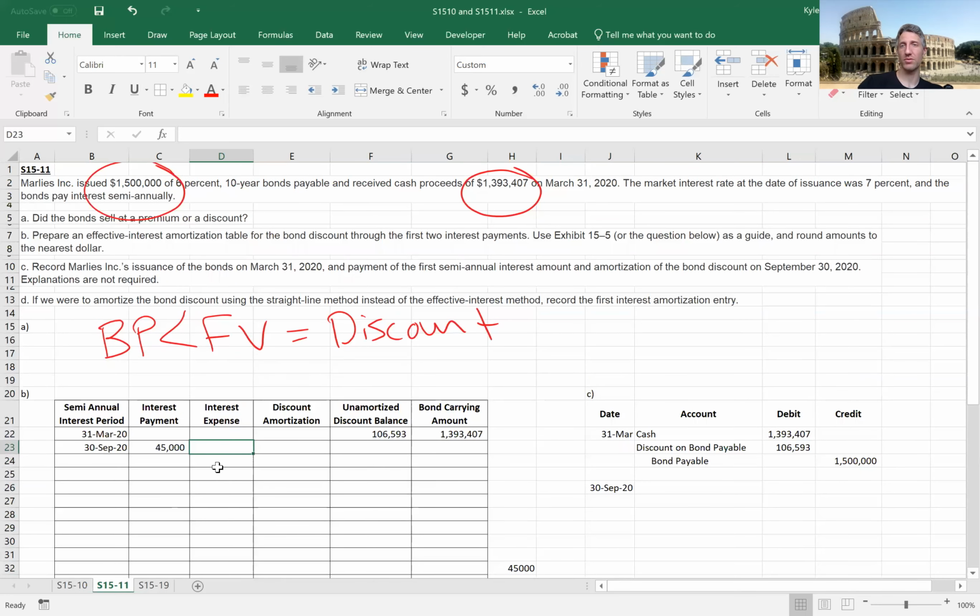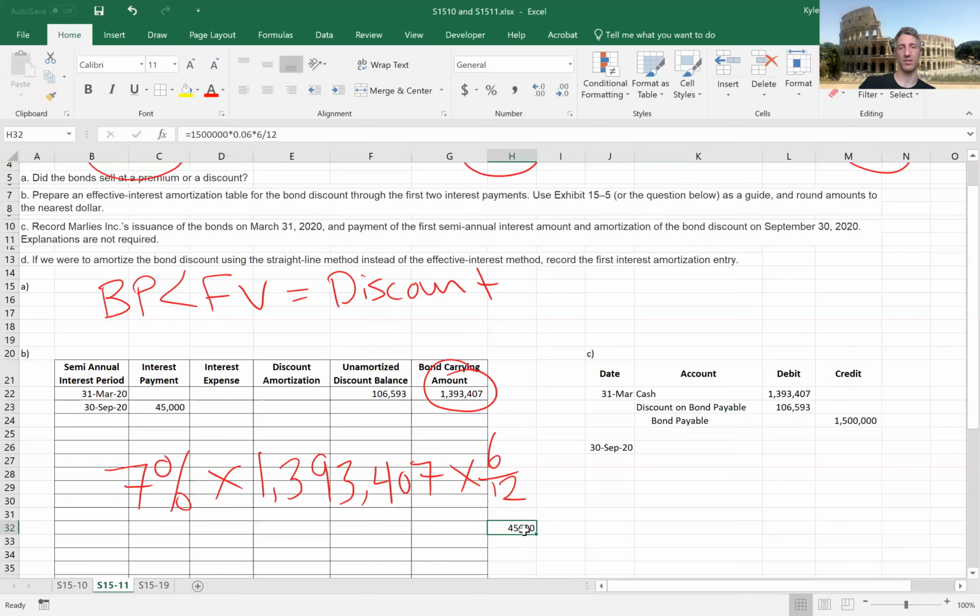So the market interest rate here was 7%. So if I take 7% and multiply that by the prior period's bond carrying amount, which is $1.3 million, and then prorate that to 6 months of the year, I'm going to get the interest expense to this organization.